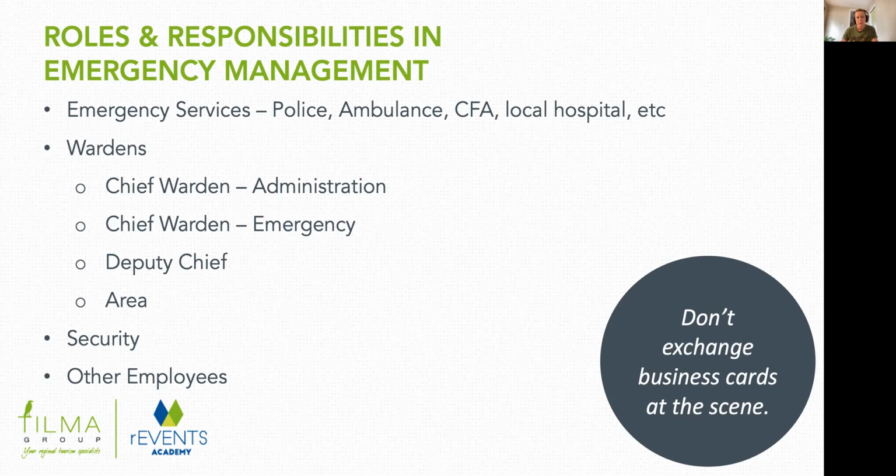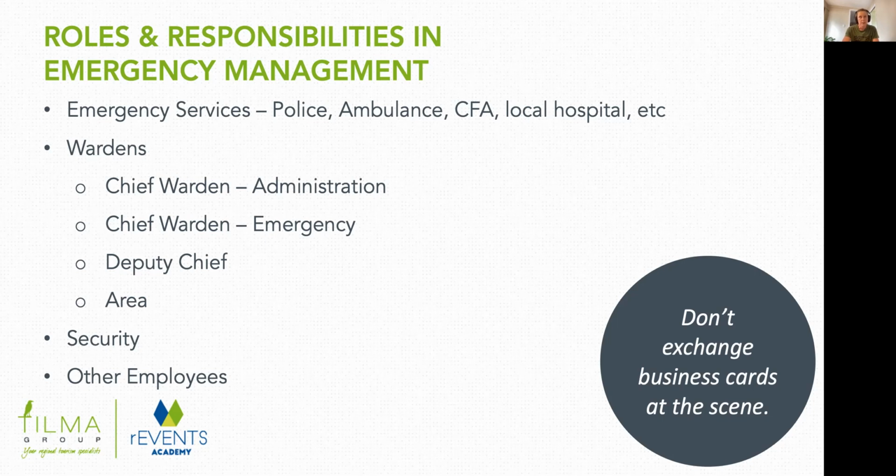And the important thing to remember is emergency services outrank everyone else at the event in an emergency situation. So in any emergency situation, it is the emergency services that sit at the top in terms of giving that direct order. And it's important to know that.